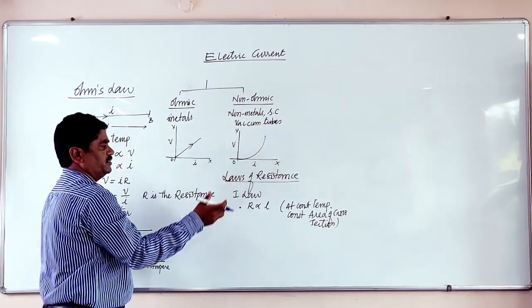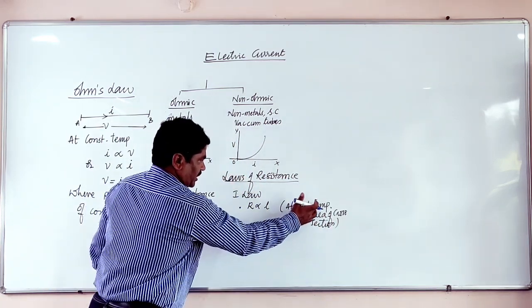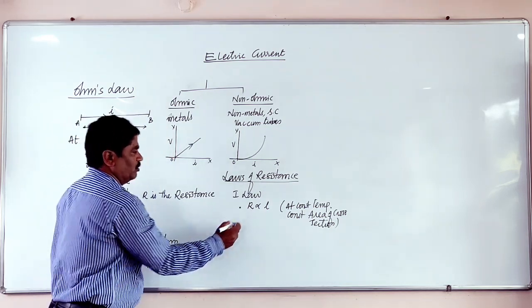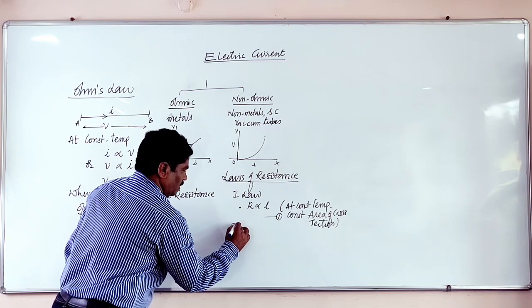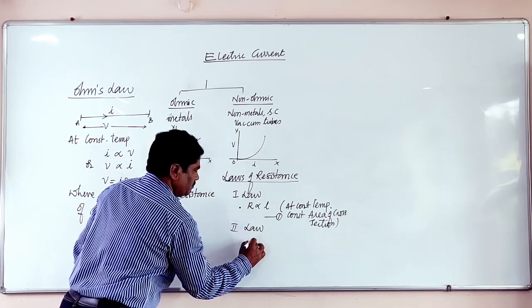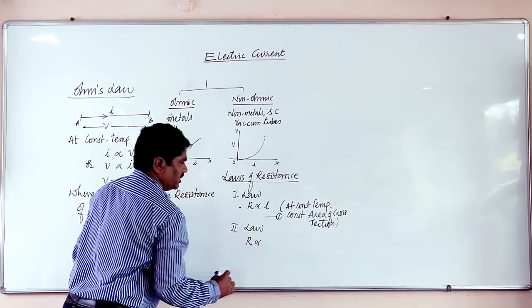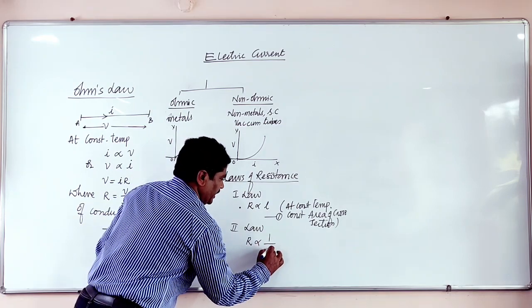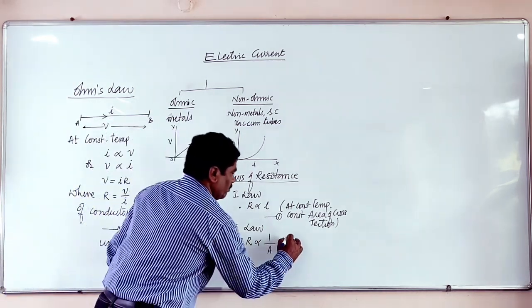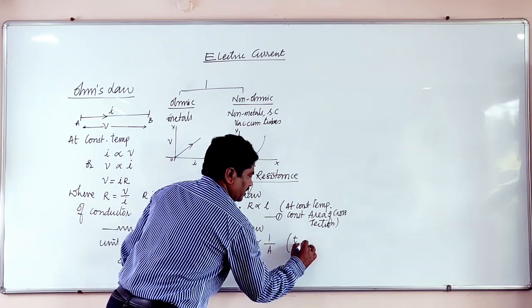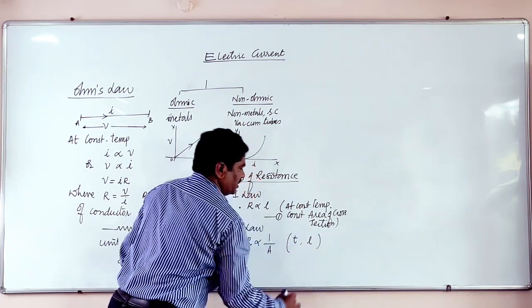So the thickness must be constant, and at constant temperature, R is proportional to L. The second law says the resistance of the conductor is inversely proportional to the area of cross section, at constant temperature and constant length.